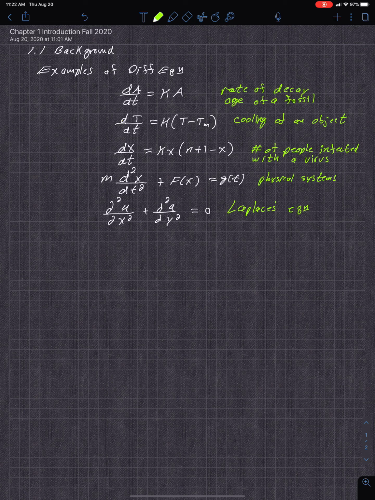And it has a lot of applications: potential theory, electricity, heat equations, aerodynamics, Schrodinger equation. I'm not going to write all those up.